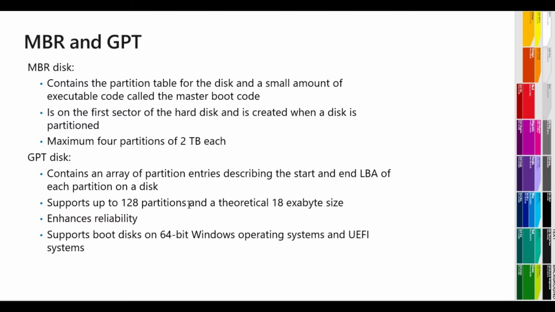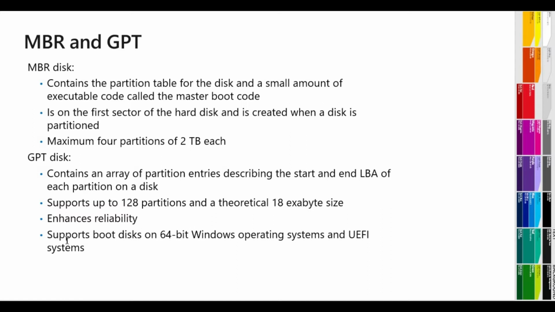Okay. Now GPT is reliable. It's a new kind of file format, and it supports boot disk on 64-bit Windows operating systems and UEFI systems. So MBR is traditional, but GPT is the modern disk partition option you can use.